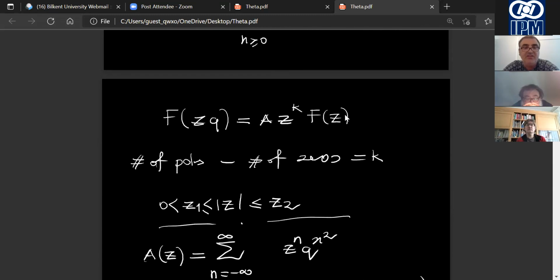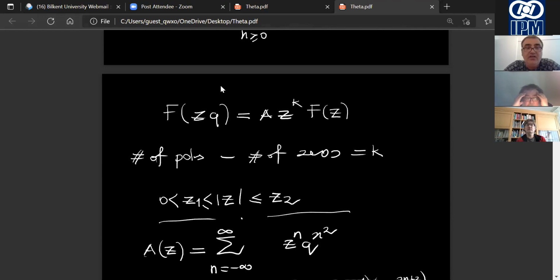If you have a complex valued function that satisfies q difference equations like this, then in any region avoiding 0, the number of poles minus the number of zeros will be k, whether k is negative or positive.